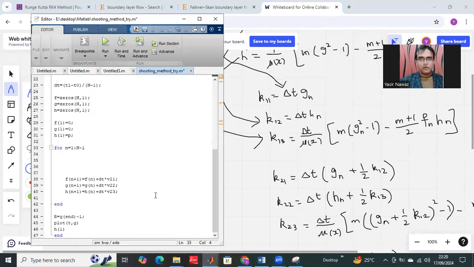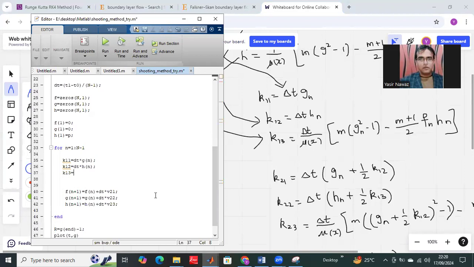So K11 is equal to dt multiplied by Gn. That's K1. Then K12. K12 is dt multiplied by Hn. And then K13.